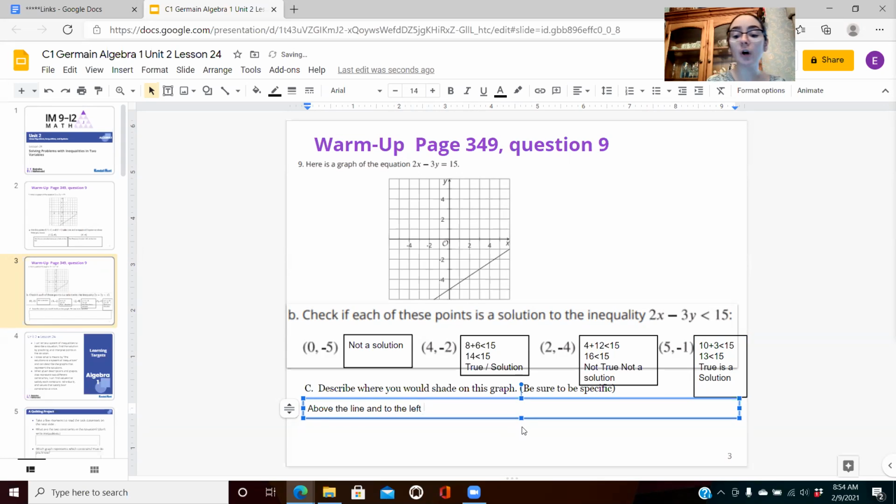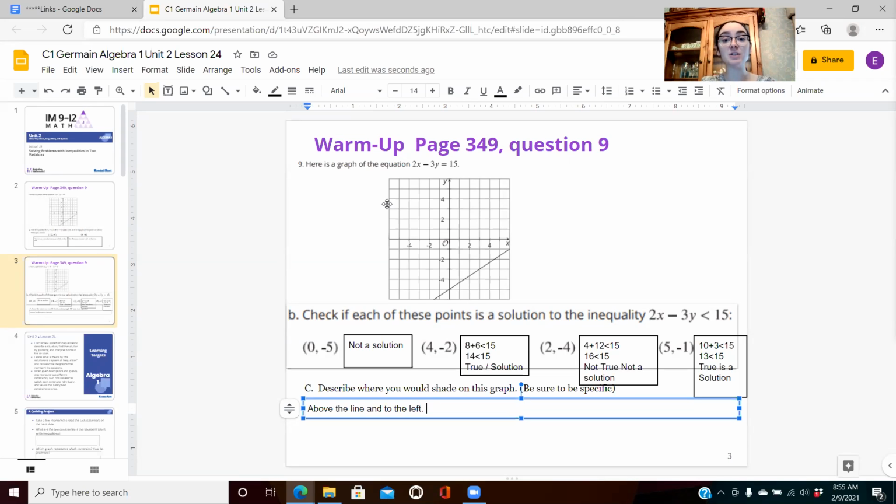Okay, so when you're talking about where you are shading, you need to give me 2 directional words, above the line and to the left, because the only way that we can say above the line or to the left of the line is if we have a vertical or horizontal line. Once we have a diagonal line like this, you need to give me 2 directional indicators, above and to the left.